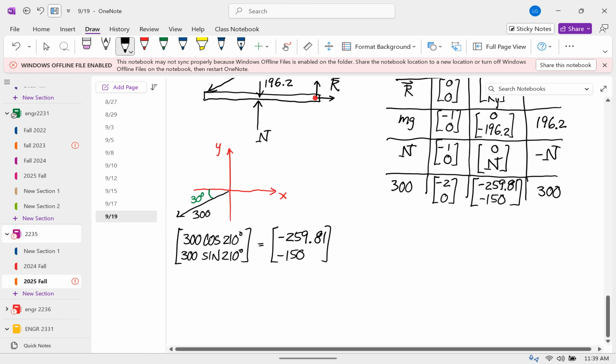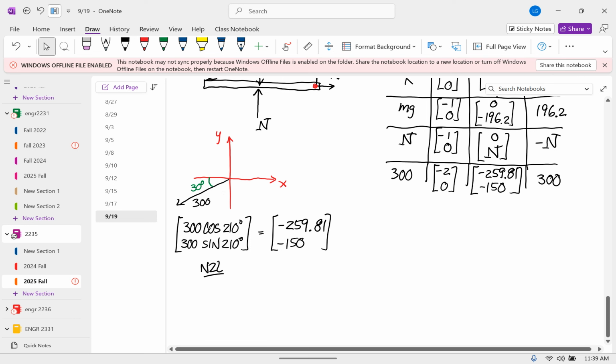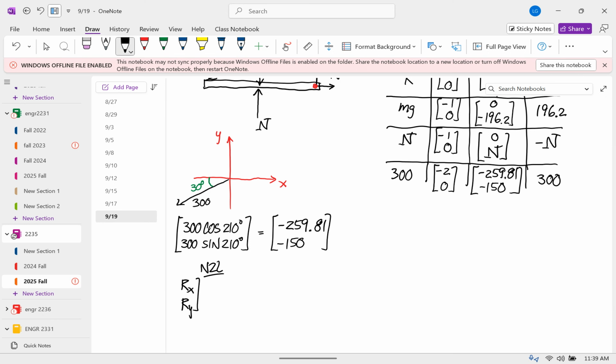And so now I'll go to Newton's second law. It says Rx, Ry plus 0, negative 196.2 plus 0, N plus negative 259.81, negative 150 is equal to zeros.